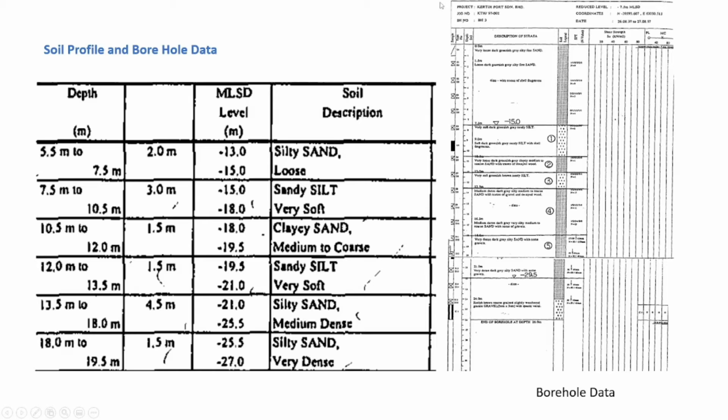From 7.5 meter to 10.5 meter, the soil is sandy silts and is very soft. From the depths of 10.5 to 12, this is clayey sand. 12 to 13.5, sandy silts. 13.5 to 18, medium dense silty sands, and 18 meter to 19.5 meter, the ground is made up of silty sand.